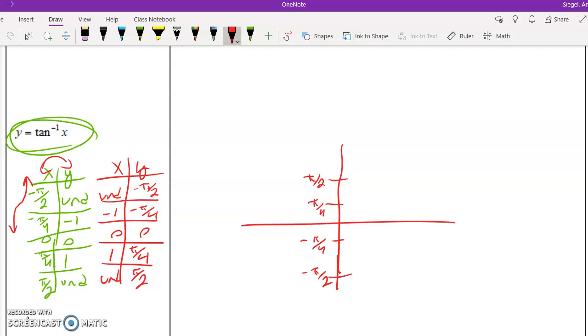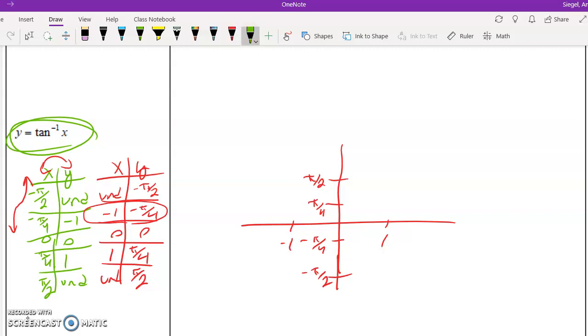And so our former y values are now our x values. So we have undefined, undefined, and then we have -1. I'm just going to call that -1, and this is +1. So undefined, negative pi over 2, let's not worry about that yet. So I have -1, negative pi over 4.